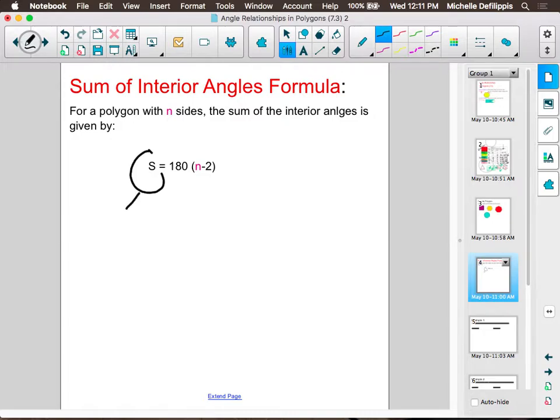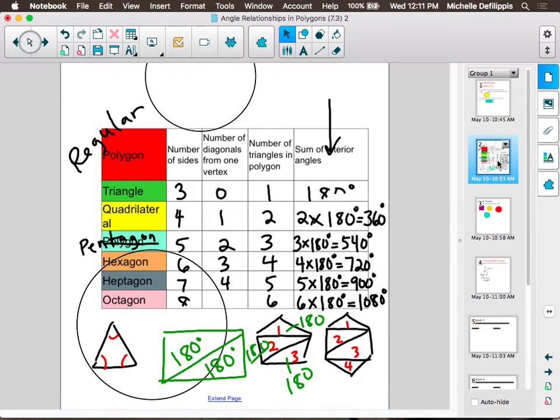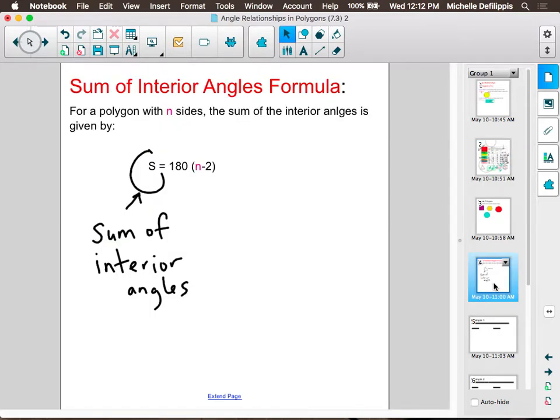This is the sum of interior angles, so that would be your last column here. And this says 180 degrees. The N here represents your number of sides.